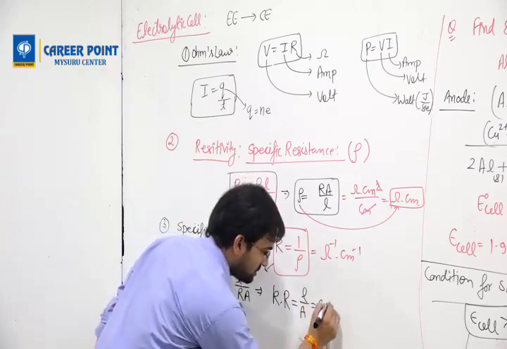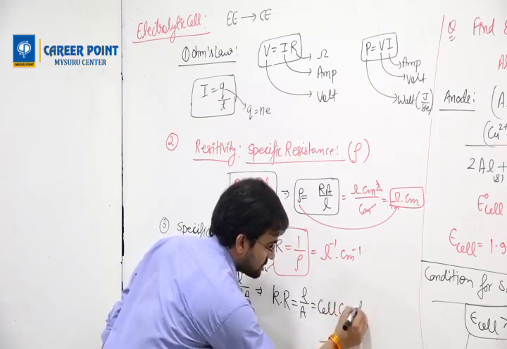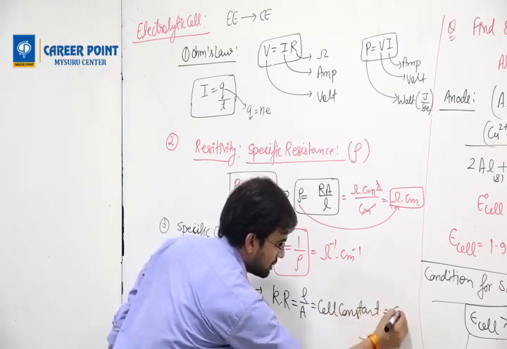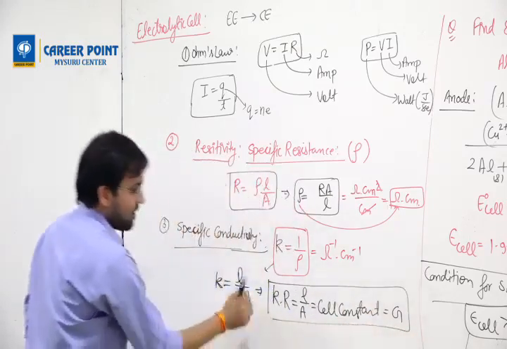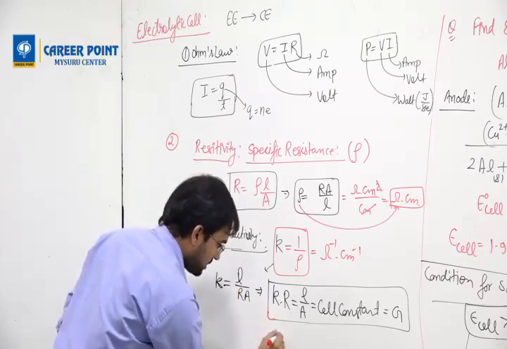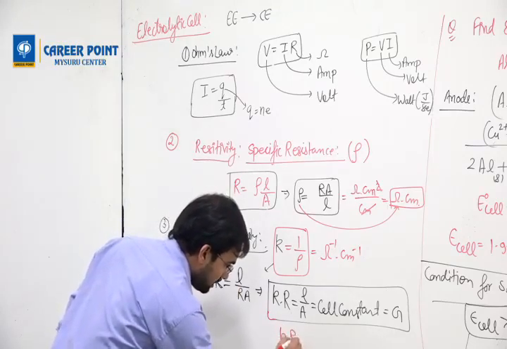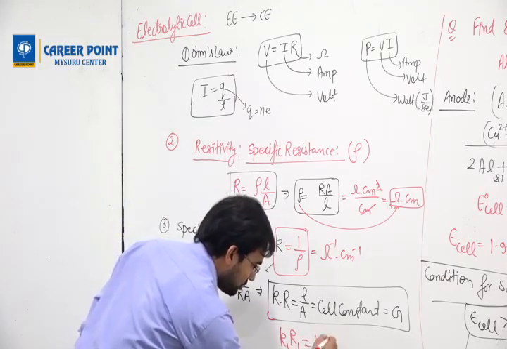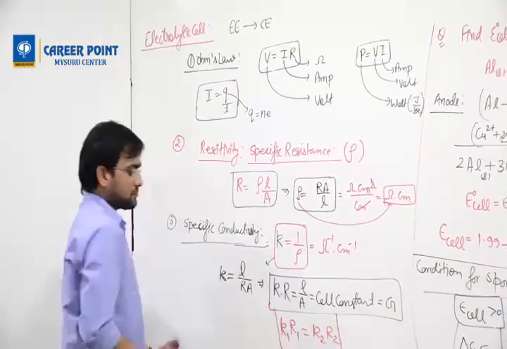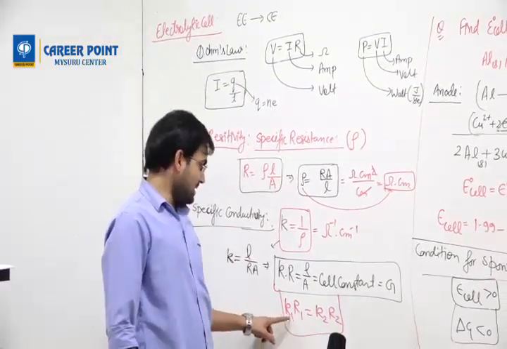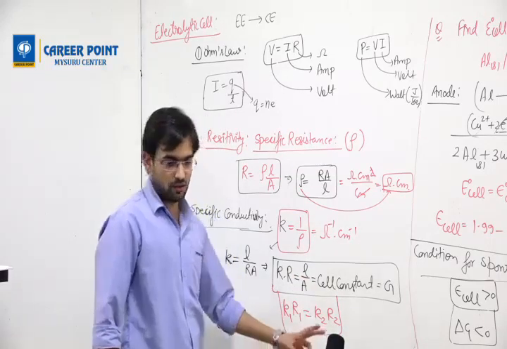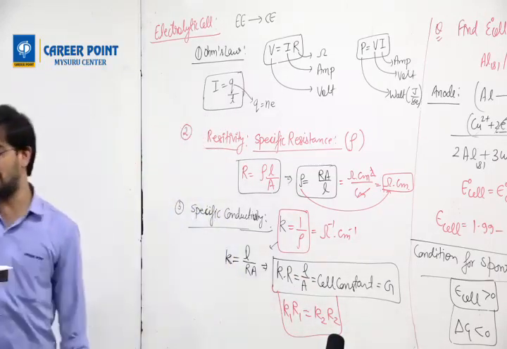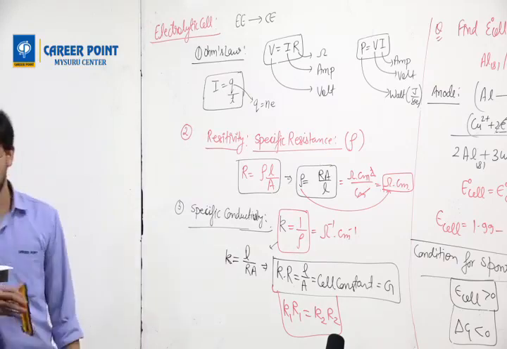That's why it is known as cell constant, which is denoted by G. And this is another formula. How do I use this formula? K1 R1 equals K2 R2. One conductance, one resistance, another conductance, another resistance. Their product will always be constant. Understand?